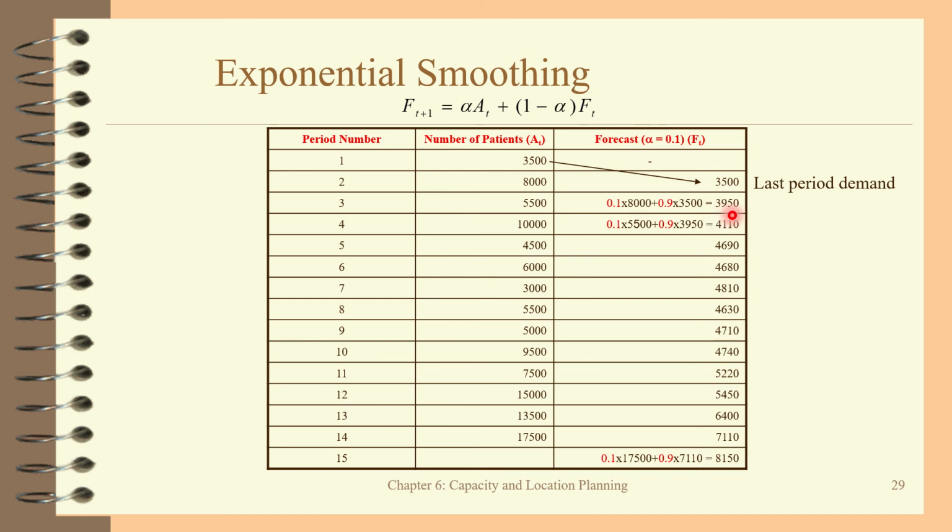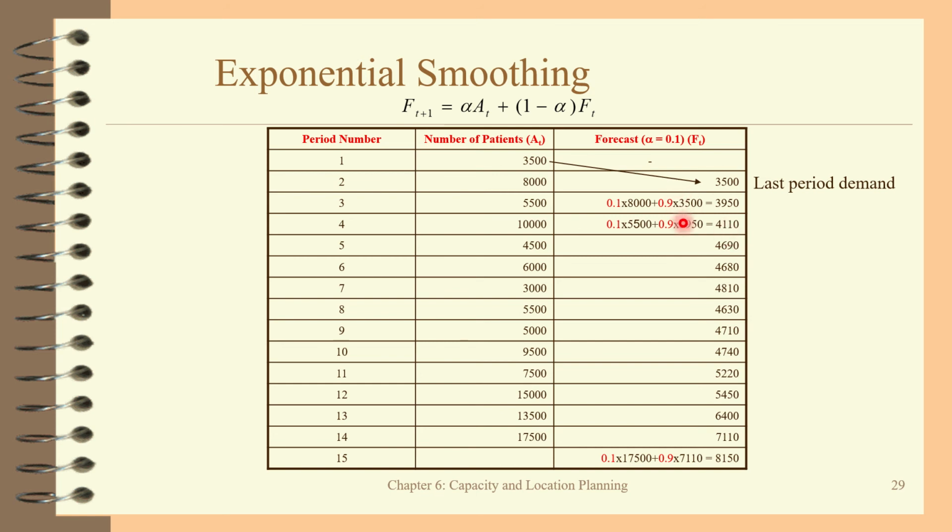So you got 3,950. And if you stay in period 3 and you want to forecast the demand in period 4, again use the same formula. That is 0.1 multiplied by 5,500 plus 0.9 multiplied by 3,950. So you got 4,110.